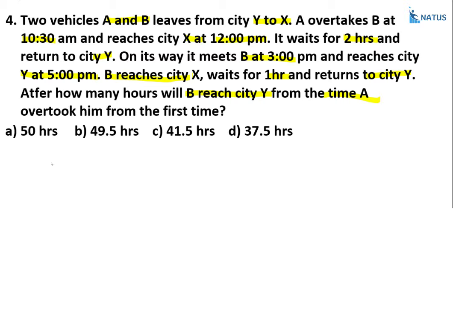See, suppose this is city Y and this is city X. We don't know the distance, right? Now both start at this point, and at 10:30, let us take this as the meeting point.